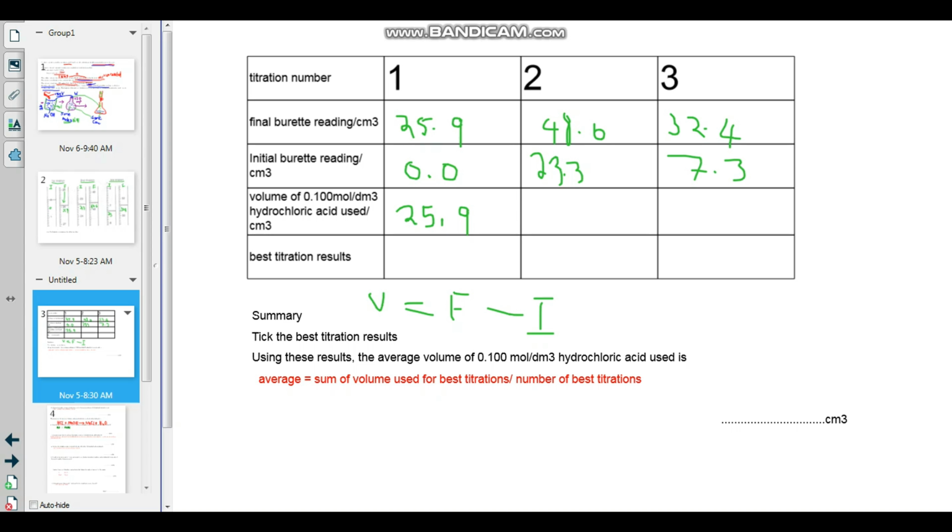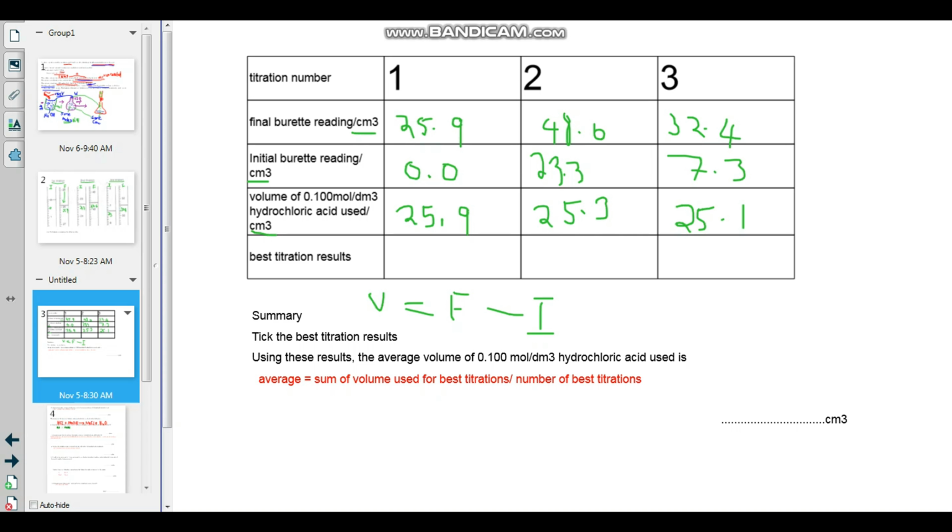There is no need to write the units in the table because the units are already given in the columns. That is how you record your results.